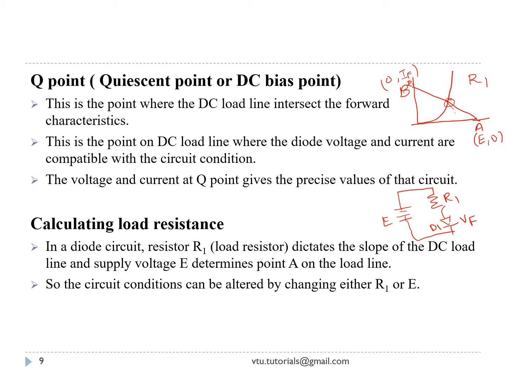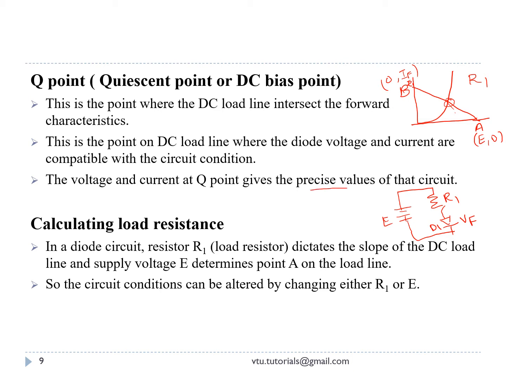And this is the point on the DC load line where the diode voltage and current are compatible with the circuit condition. The voltage and current at the quiescent point give the precise value of the circuit.